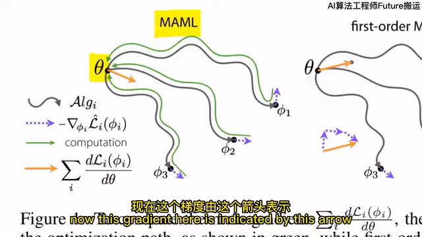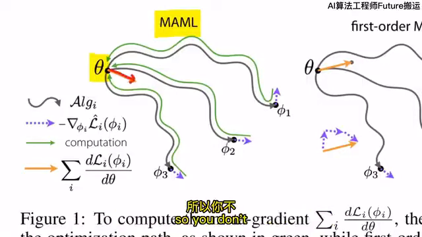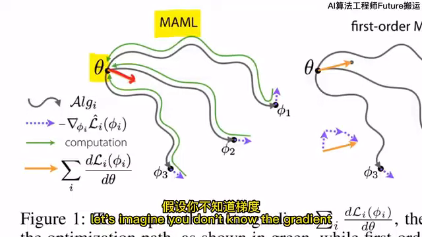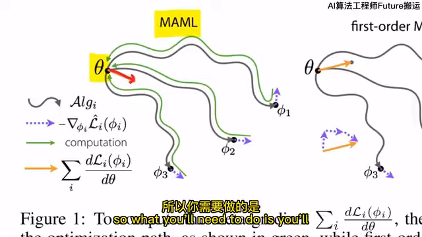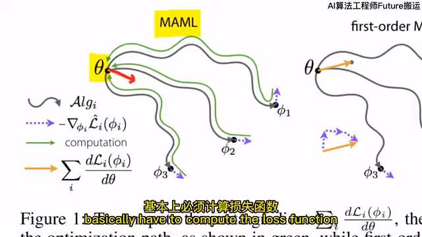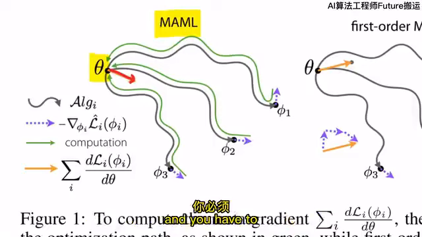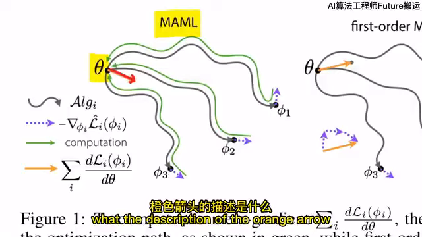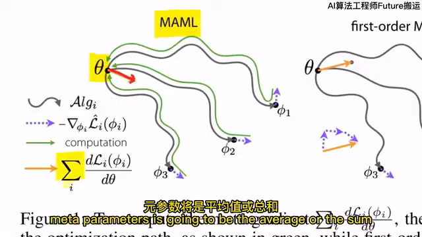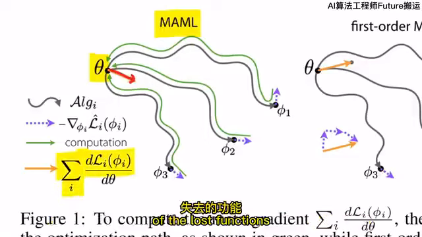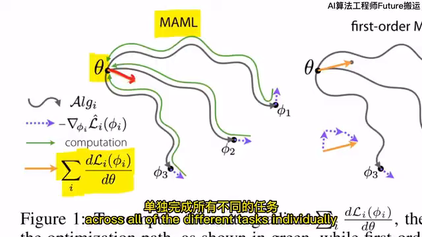Now, this gradient here is indicated by this arrow. So let's imagine you don't know the gradient yet, you want to come up with a gradient. What you'll need to do is compute the loss function, and you have to differentiate that loss function with respect to your parameters. That's down here, the description of the orange arrow. So your loss function of your meta parameters is going to be the average or the sum of the loss functions across all of the different tasks individually.